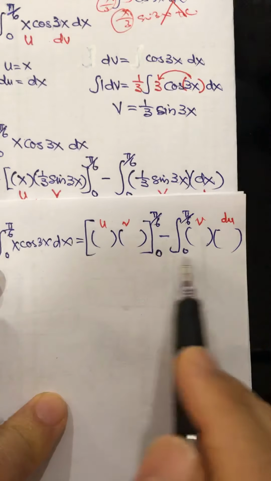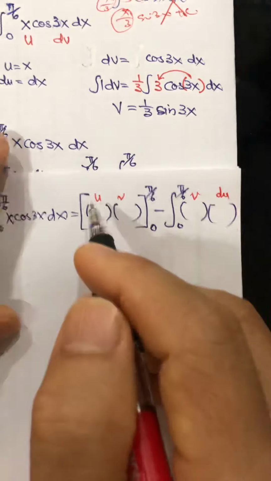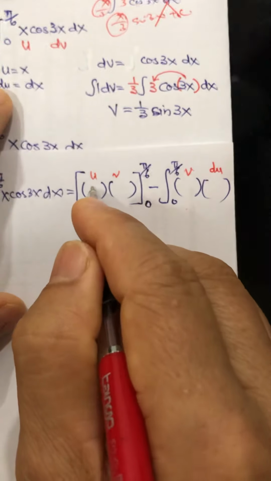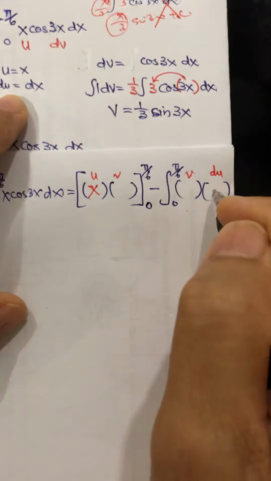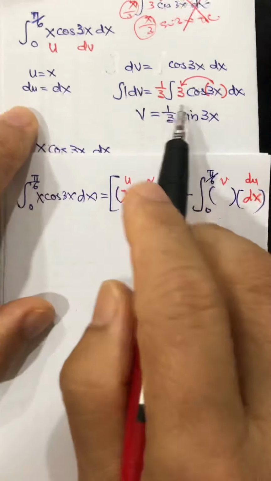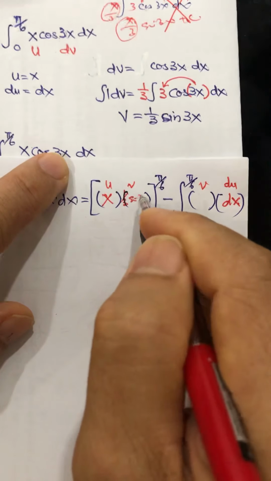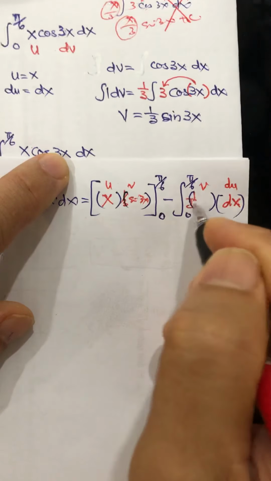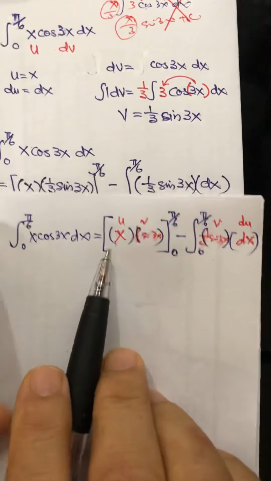So you write down this one first, then only you substitute. The u is x, du is dx, and then the v is 1 over 3 sine 3x. That's why you will come to this.